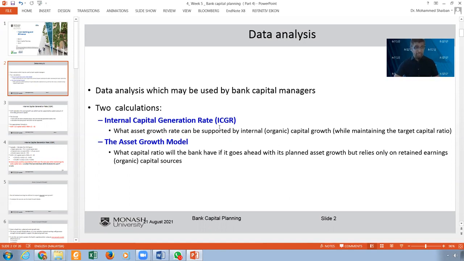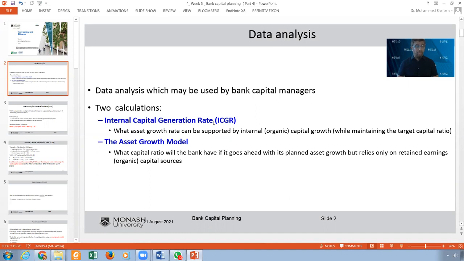As I explained before, whatever capital is increased from the return earning, you increase the assets accordingly by the same percentage, and you just continue, because by this you keep your target capital stable during all these planning periods.